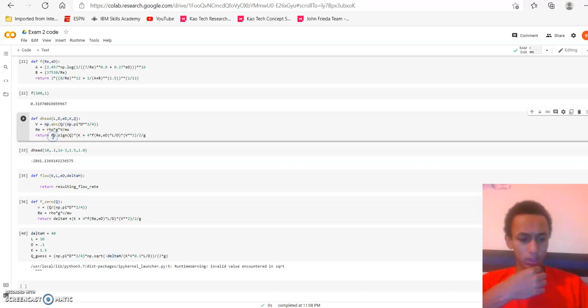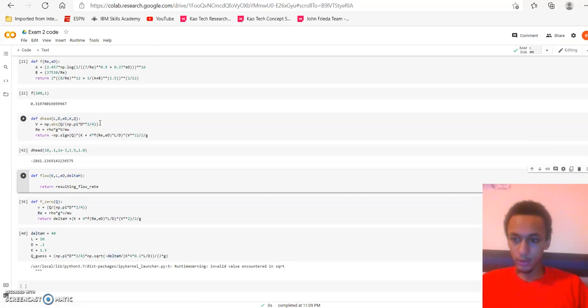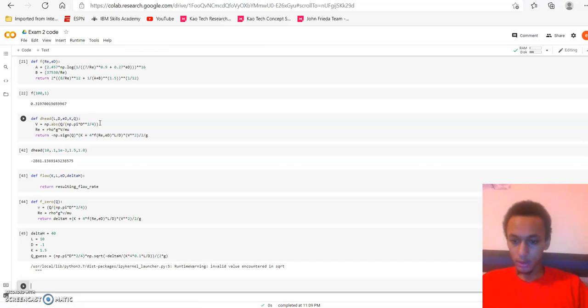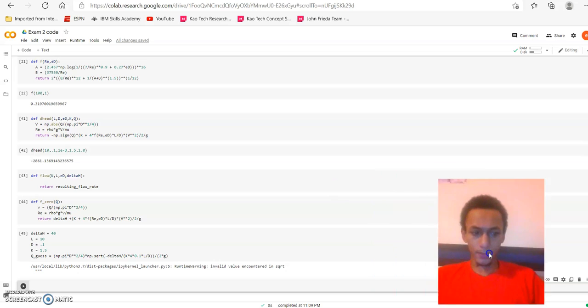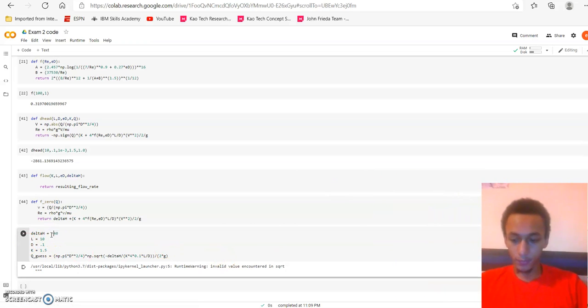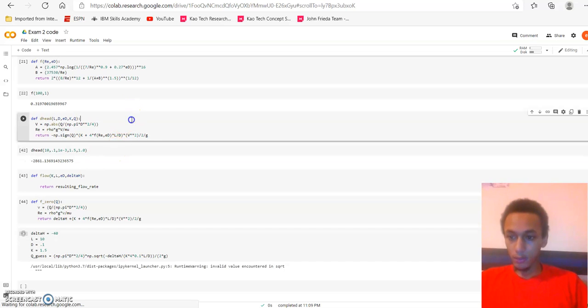I believe it's negative. So as we do that, shift enter, it doesn't affect it. And it still says invalid value encountered in square root. So let's just change this to negative 40 and see how that runs.